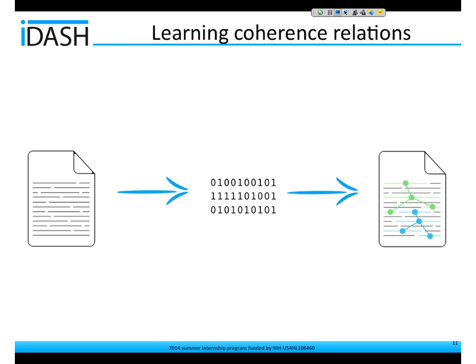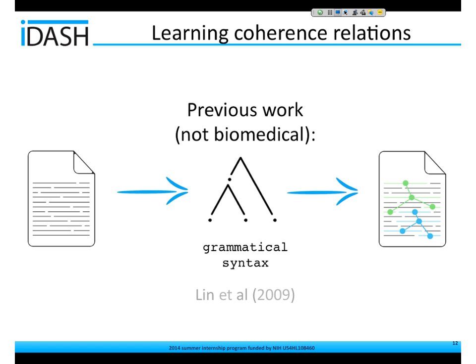So what kinds of features can we use for a machine learning task? One class of features that has been proposed before is grammatical syntax, so the linguistic substructure of the arguments in question. And this has been proposed in the context of newspaper text, but not biomedical text.